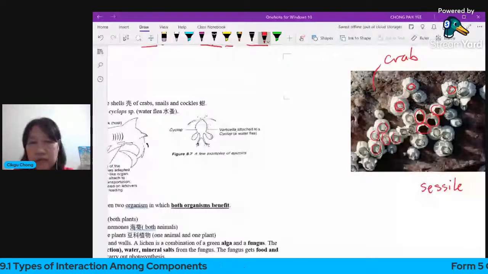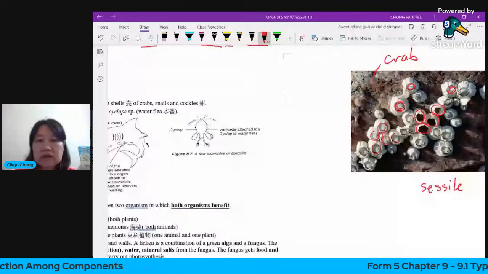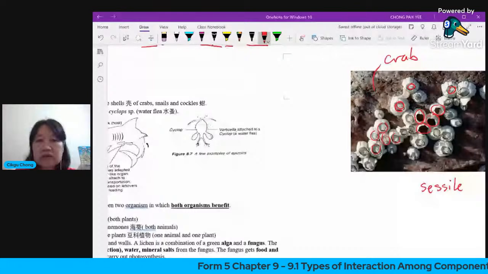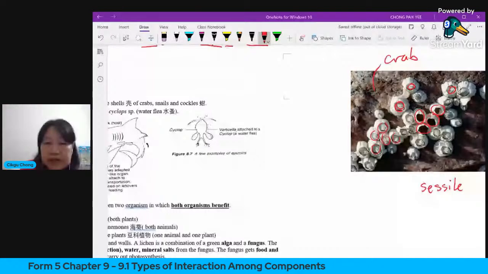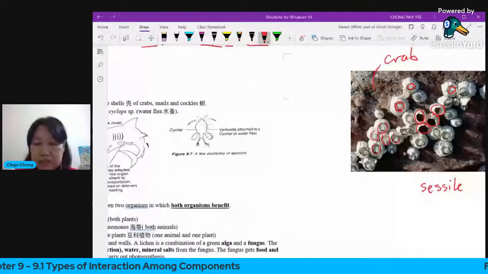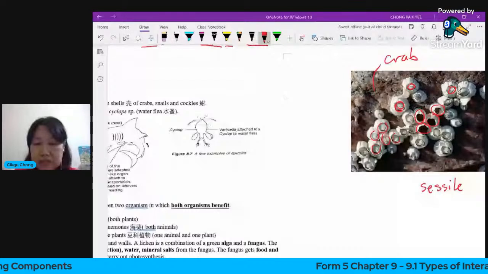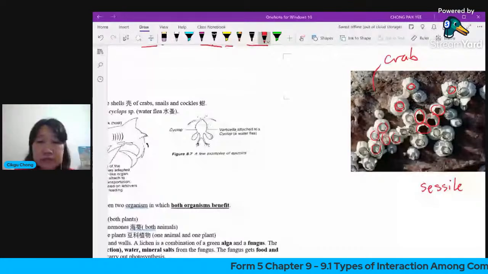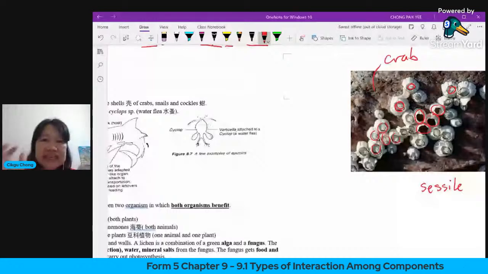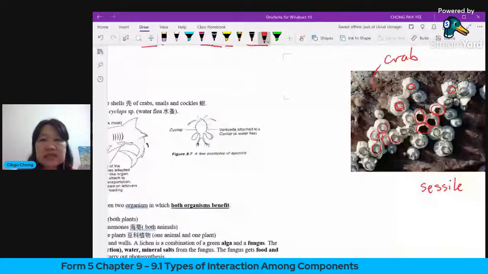Now, look at this one. The hermit crab, sometimes we have a sea anemone on its back. This sea anemone gives protection to the hermit crab. The hermit crab has its predators. The sea anemone has stingers, poisonous things that sting the fish that wants to eat the hermit crab.